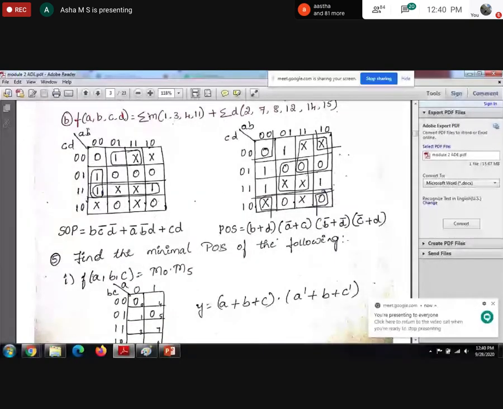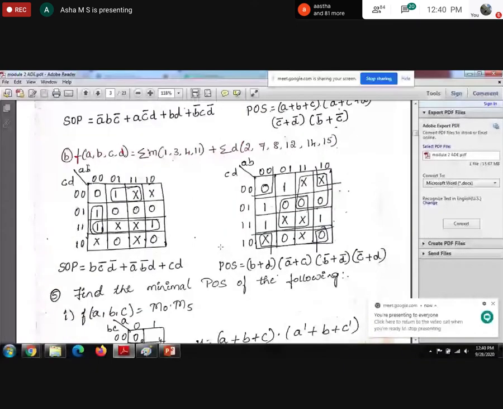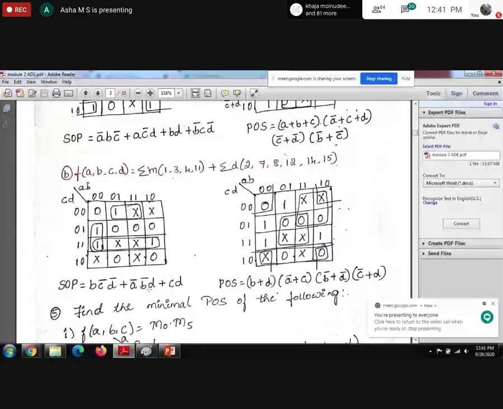Find the minimal POS for the following. I think you can take this as homework. Take down this as homework. Find the minimal SOP of the following. F of ABC equals max term 0, max term 5. Write fast.